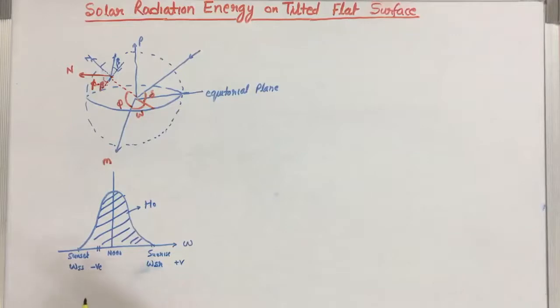So in this way it was written yesterday, for a flat plate collector placed horizontally: omega, the hour angle during sunset, and the hour angle during sunrise, LZ. This was written yesterday.